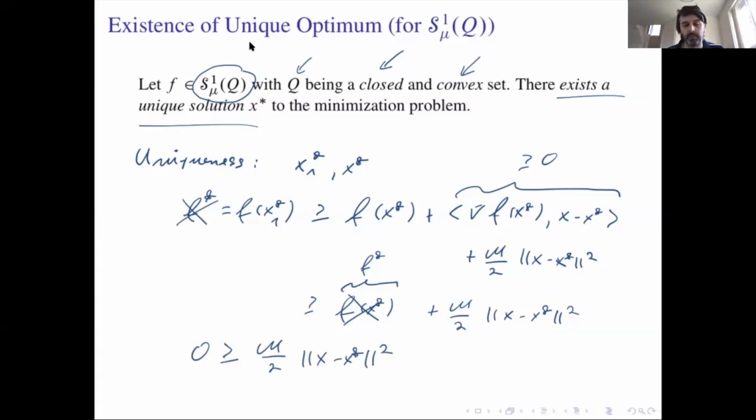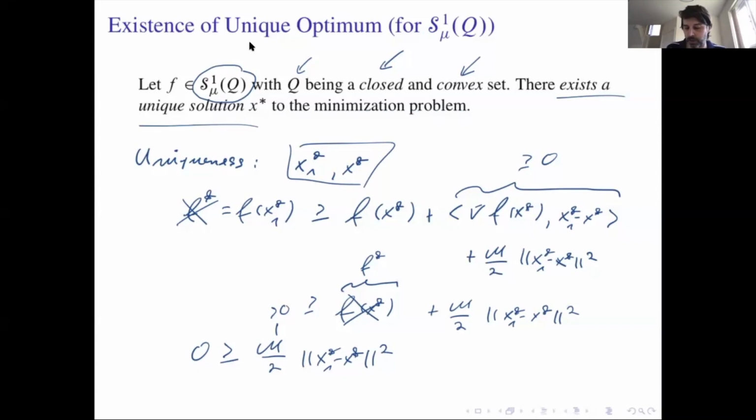So the norm between x and x star is 0, which means x1 star is equal to x star, and both minimizers are the same. And we started here with arbitrary minimizers. So this is saying the minimizer is unique. There's a single point which minimizes.